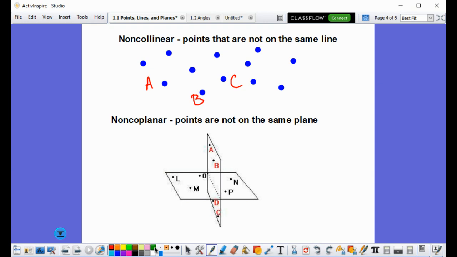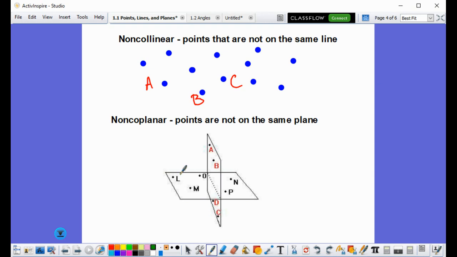So I'm going to try to go very slow and help you out here. Non-coplanar, so they're not on the same plane. So let's find some points. Examples are really going to help here. So let's think of some points that are not the same plane.